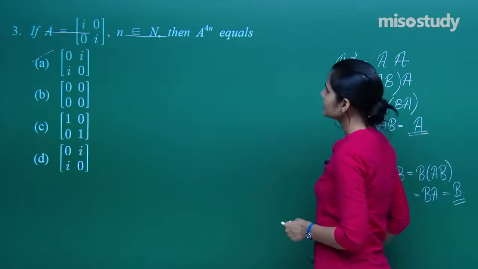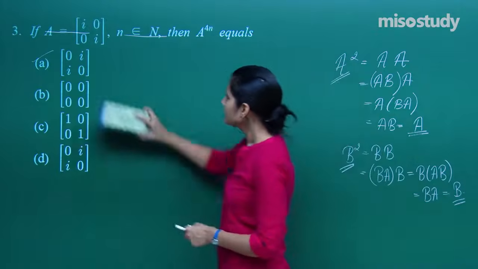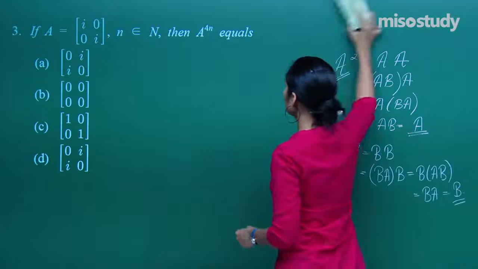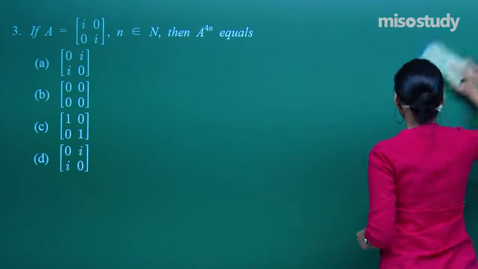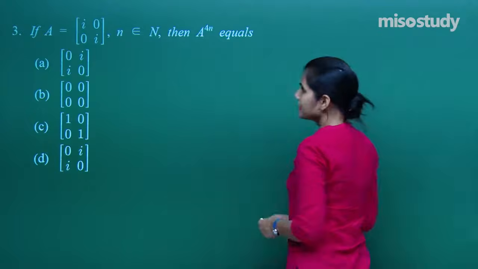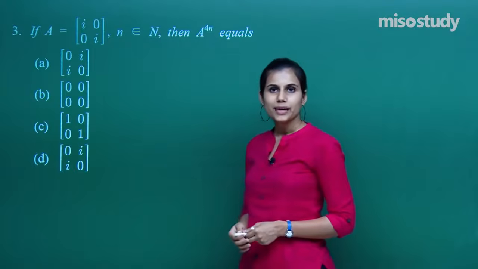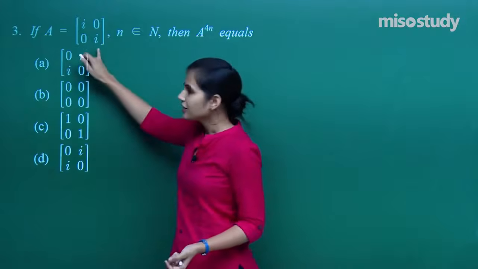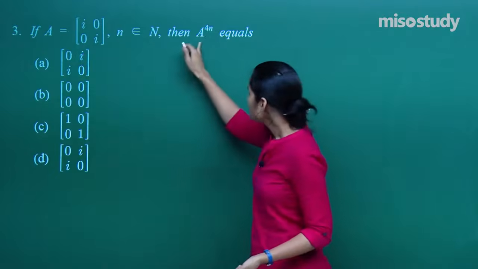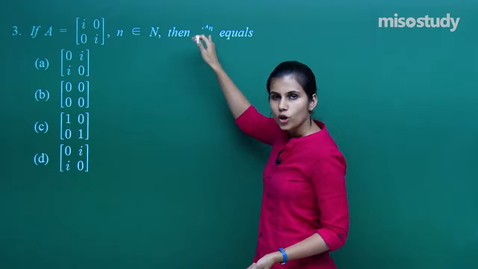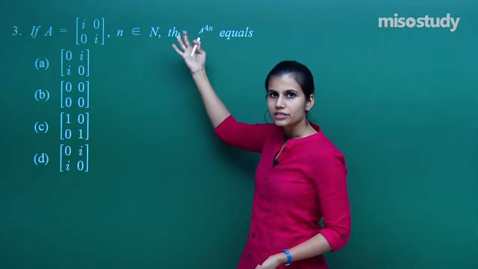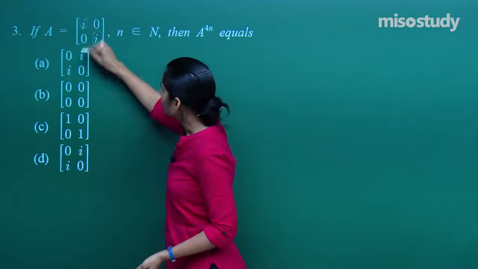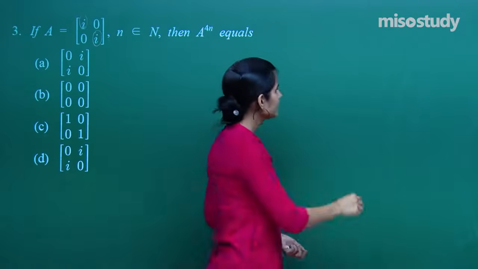Then next question says that A is given to be this matrix of order 2, iota 0, 0, iota, A to the power 4n is equal to what? Over here basics come into picture. You don't need to multiply A with itself 4n times for any n, but because this is a diagonal matrix, even A to the power 4n is a diagonal matrix. Whatever power this particular matrix is raised to, that power is only attached to these diagonal components, right?